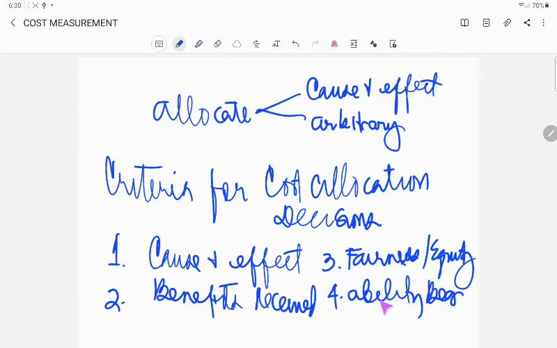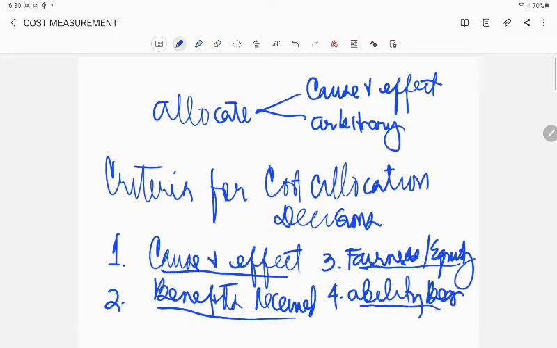Dito, sample natin sa ability to bear, yung responsibility accounting, yung cause and effect, yung cost volume profit analysis mo, yung fairness equity, this is with your pricing decision, especially if you are a government contract, diba? Yung benefits received, this would normally be associated with the period cost.